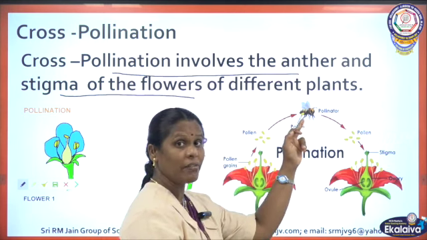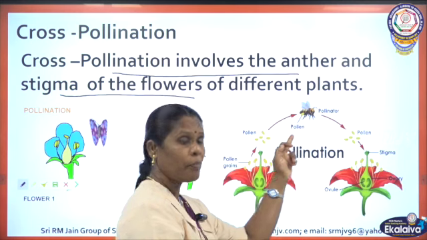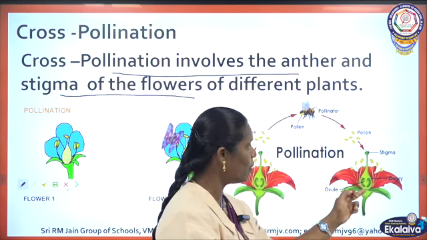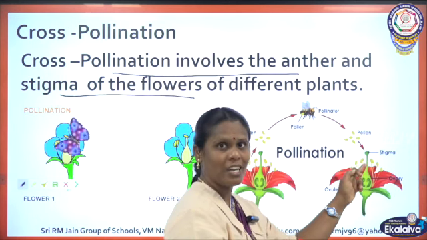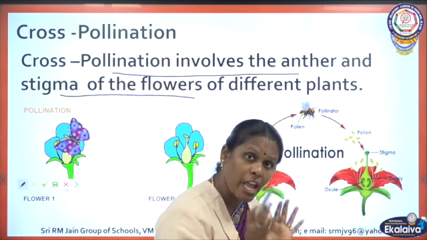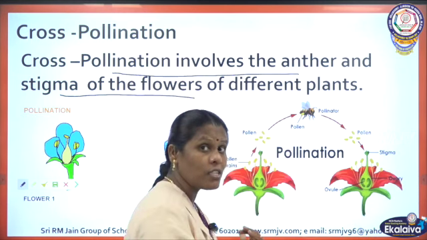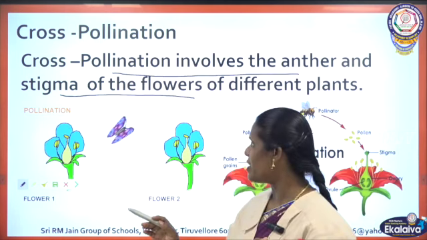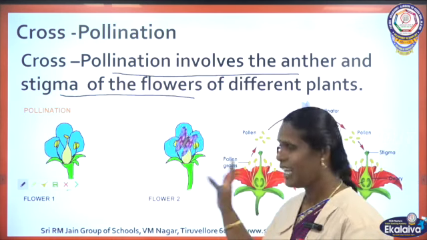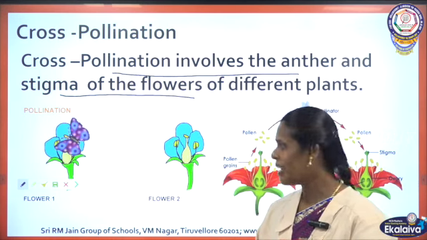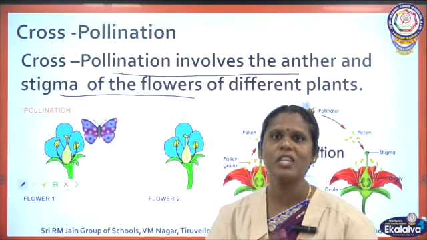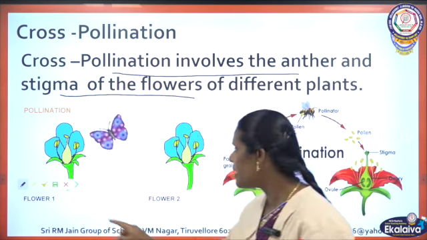It transfers with the help of agents, that is a honeybee, to the stigma of another flower, but of the same species, right. This is called cross-pollination. Here butterflies help the pollinating process. Okay children, I hope you understand the two kinds of pollination, self-pollination and cross-pollination, right?